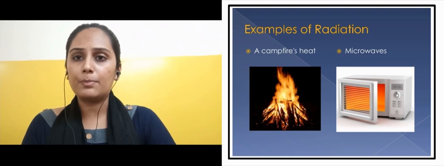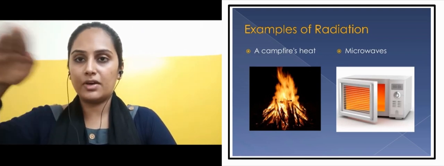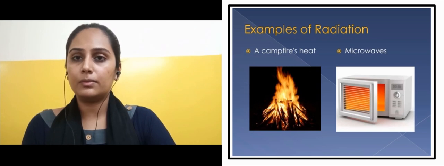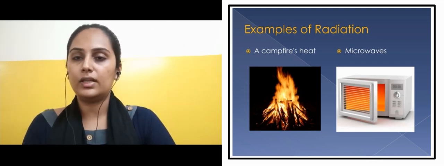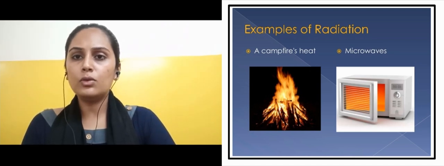If you see a campfire, the heat is more above it. And even in microwaves there is so much heat. In both of these there is no medium to transfer heat. It transfers directly. Okay. Now we'll just see all the three methods together.